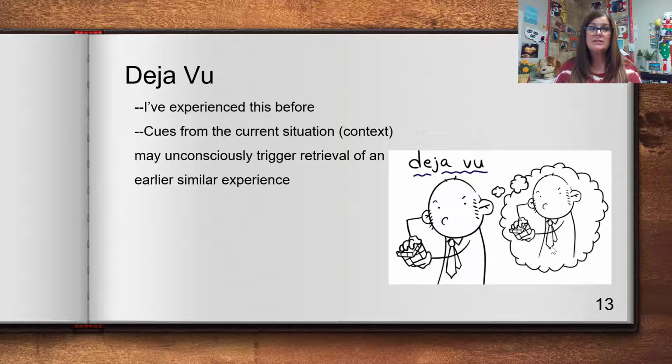And that context may unconsciously trigger retrieval of an earlier similar experience. So granted, it might not be exactly the same experience, but it sure feels like it. I've experienced this before. Déjà vu.